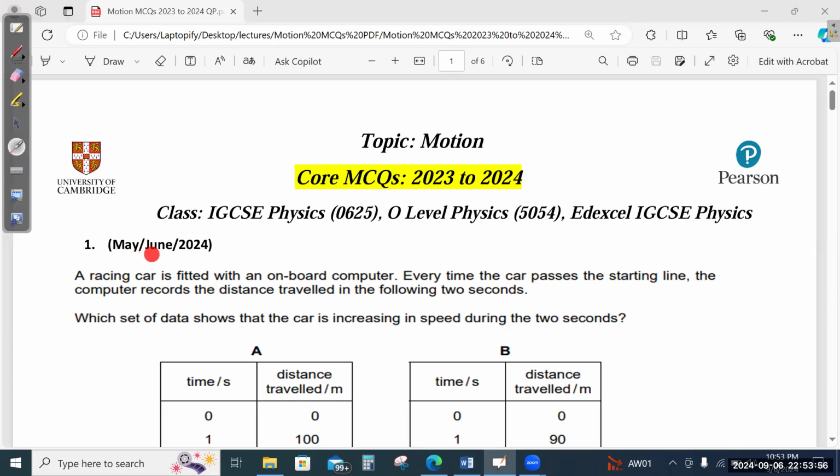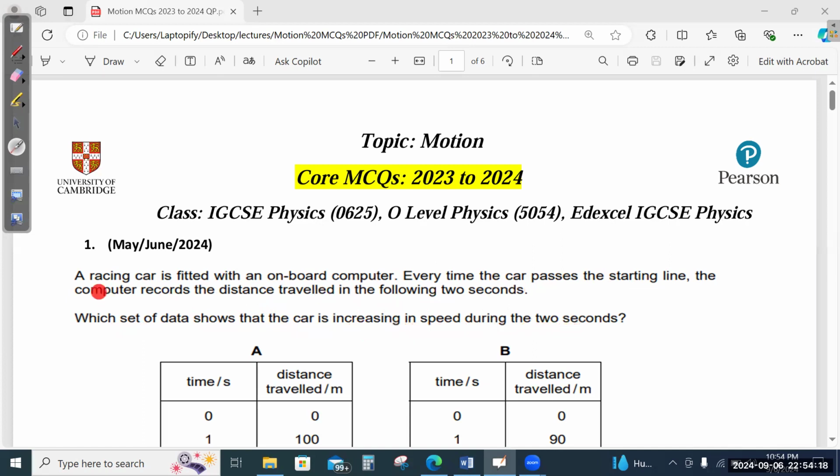So let's start our first MCQ, from May June 2024. A racing car is fitted with an on-board computer. Every time the car passes the starting line, the computer records the distance traveled in the following 2 seconds. Which set of data shows that the car is increasing in speed during the 2 seconds?